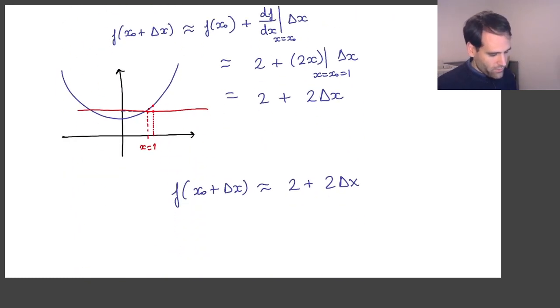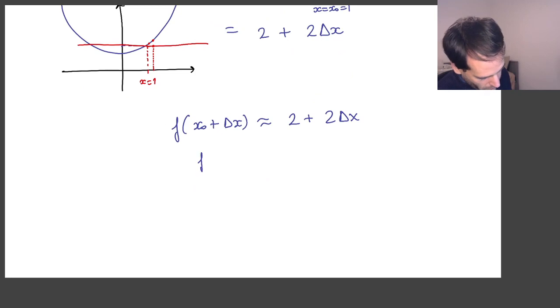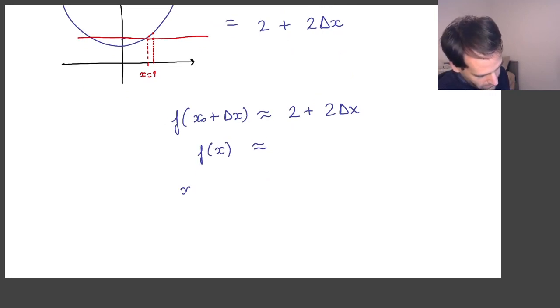Now this equation is written in terms of delta x, but maybe you want to write it in terms of x. That's very easy. For f of x, you just have to substitute the fact that if x is equal to x0 plus delta x, then obviously delta x is simply x minus x0.